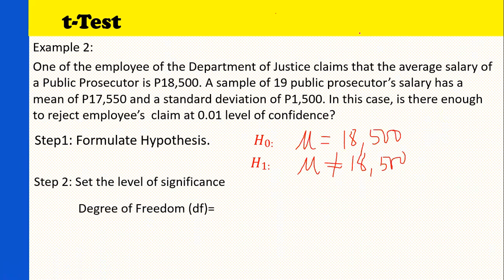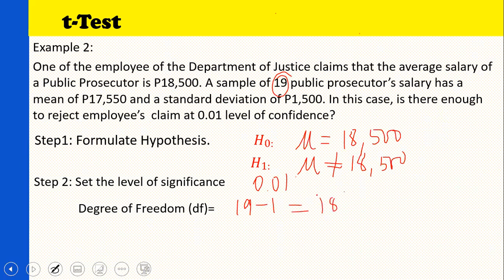The level of significance is 0.01 or 1%, and we also have the degree of freedom. The degree of freedom is our number of responses or our sample, which is n, which is 19 minus 1, which is equal to 18.